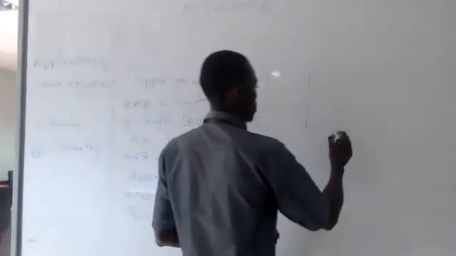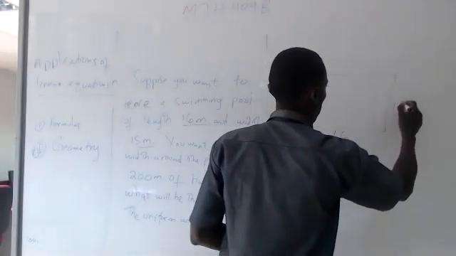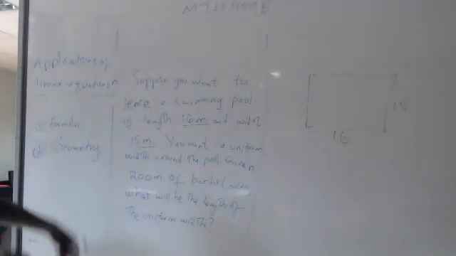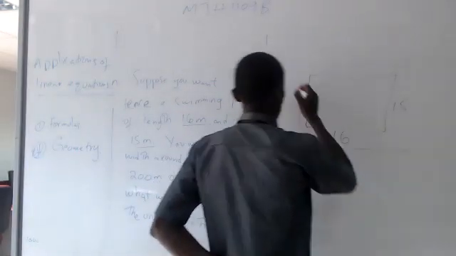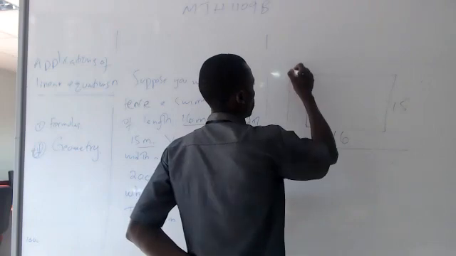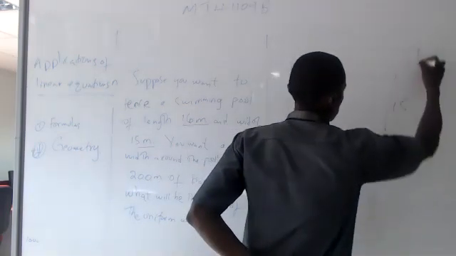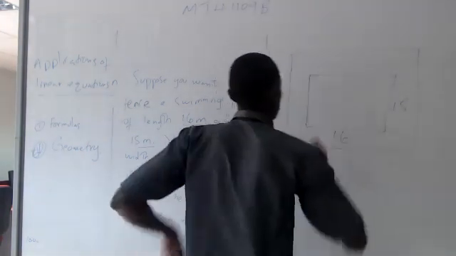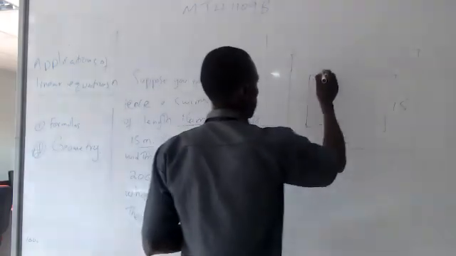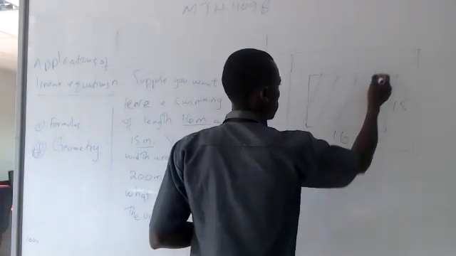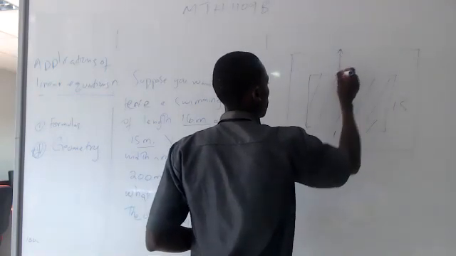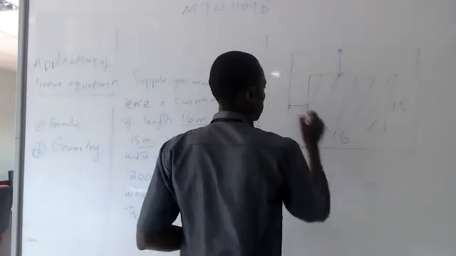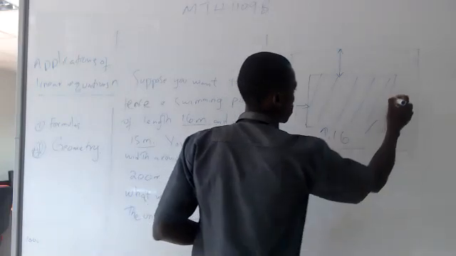So this is our pool, which is 16 by 15. We want a uniform width around. The shaded area is your pool. And around the pool, you want some uniform width.